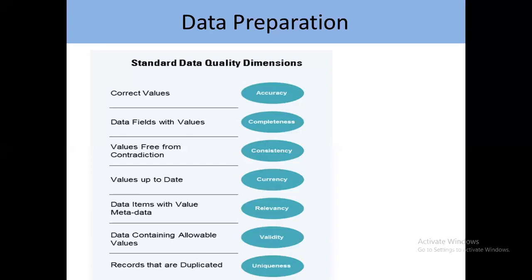An example of consistency is, let's say in a column you have the variable gender, and gender is of course male and female. But in the column you have male, male and female, female. Then you now have M and you have F in that same column.